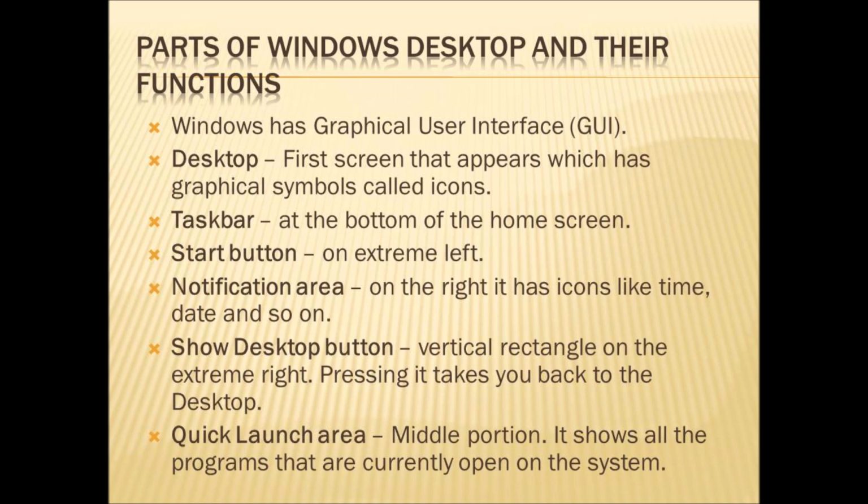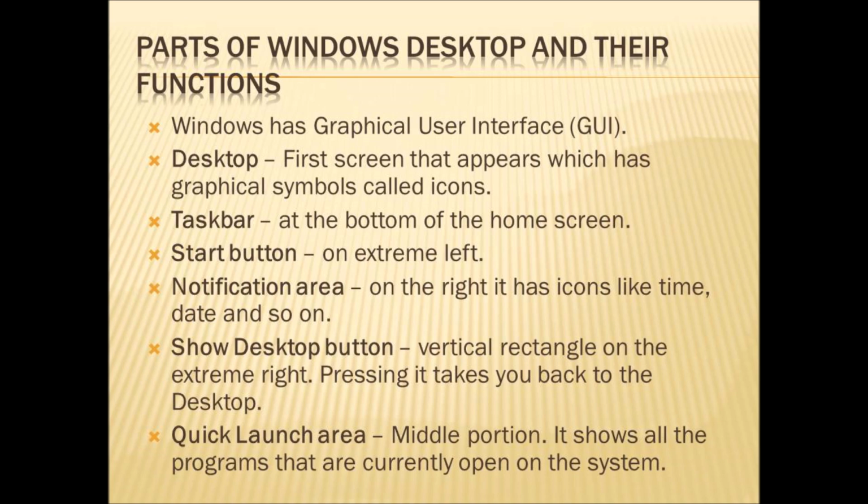Start button will be on the extreme left. The notification area will be on the right, and it has small icons like time and date, and also shows some notifications. Then the show desktop button is a vertical rectangle on the extreme right of the taskbar.